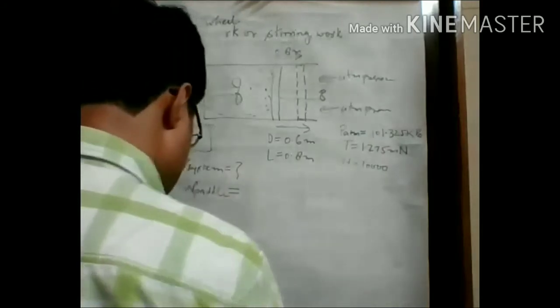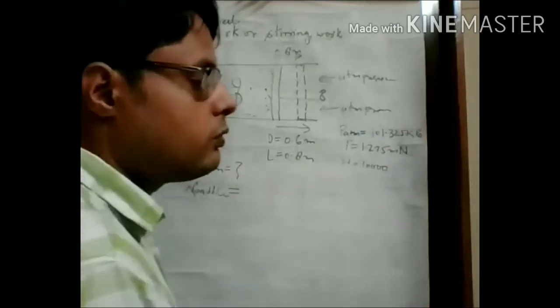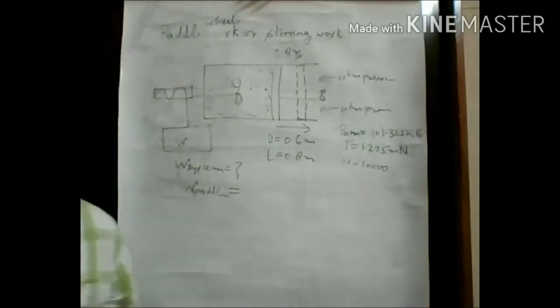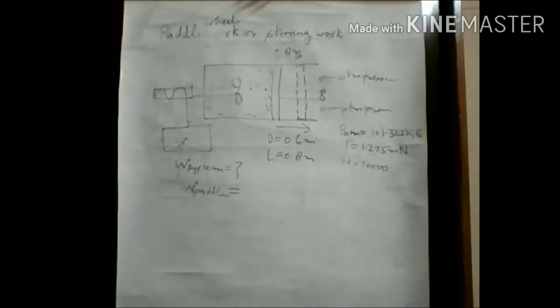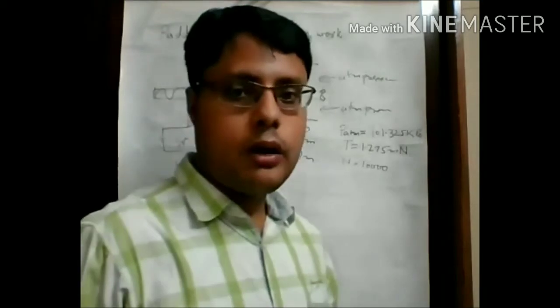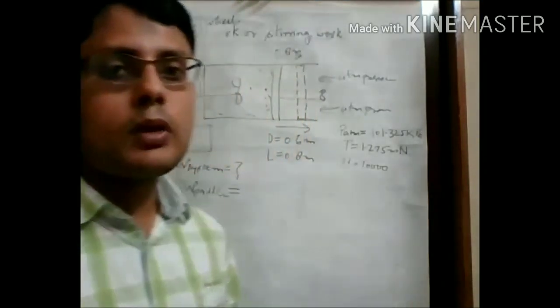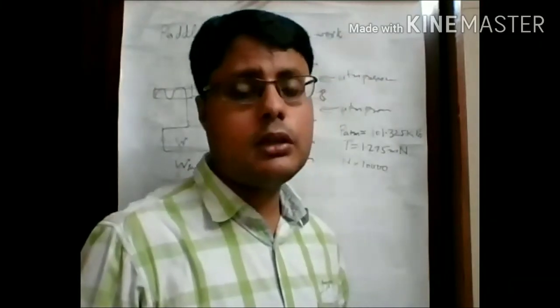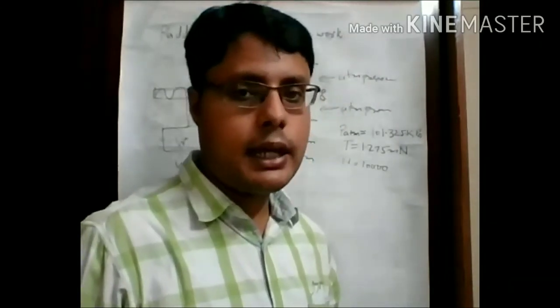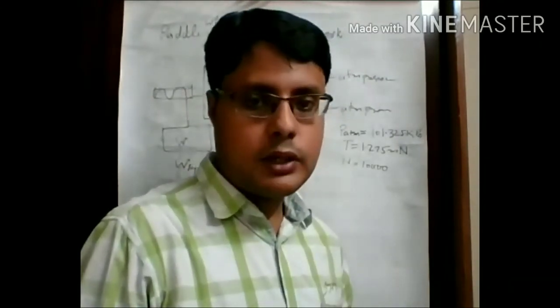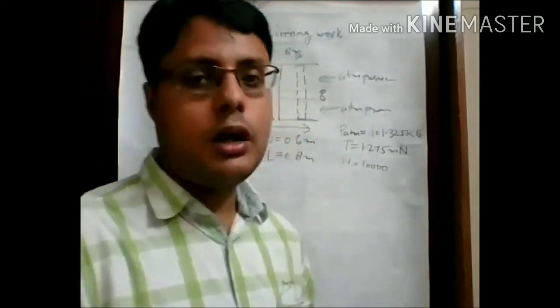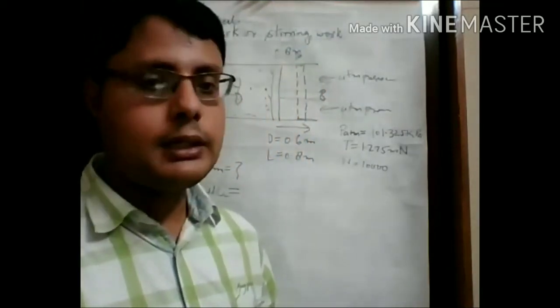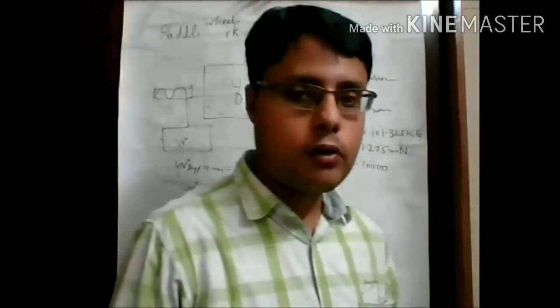This is paddle work. What is this? In the last problem we have already calculated this paddle work. That is equal to the integral of T d theta. And if we rewrite this expression, we can say that power, that is work done per unit time, is equal to torque multiplied by angular velocity.